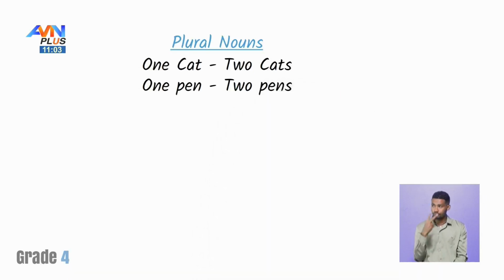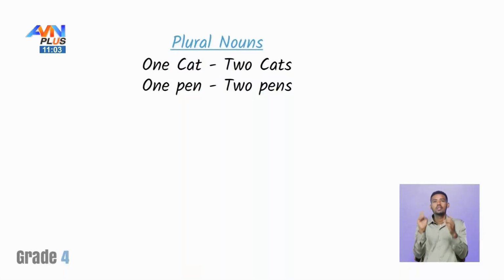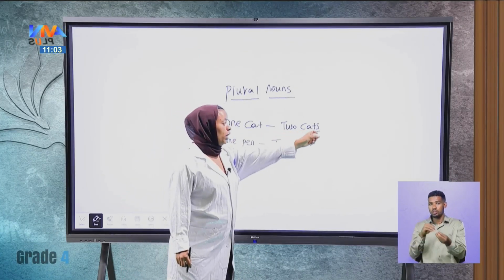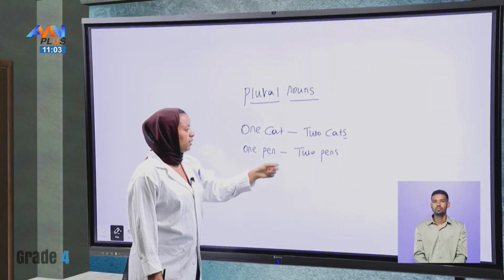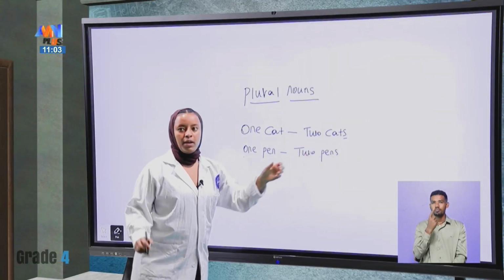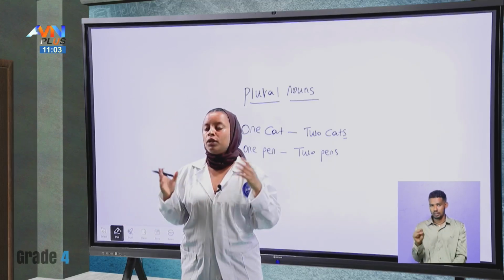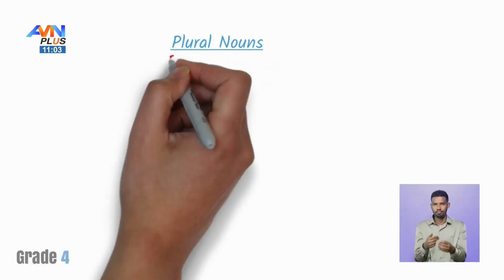Look at the difference, students. One cat, two cats. Add s at the end of the noun because this one is the plural form. Two cats, one pen, two pens. Every noun that means more than one is called a plural noun. Let us start with the plural forms of nouns.